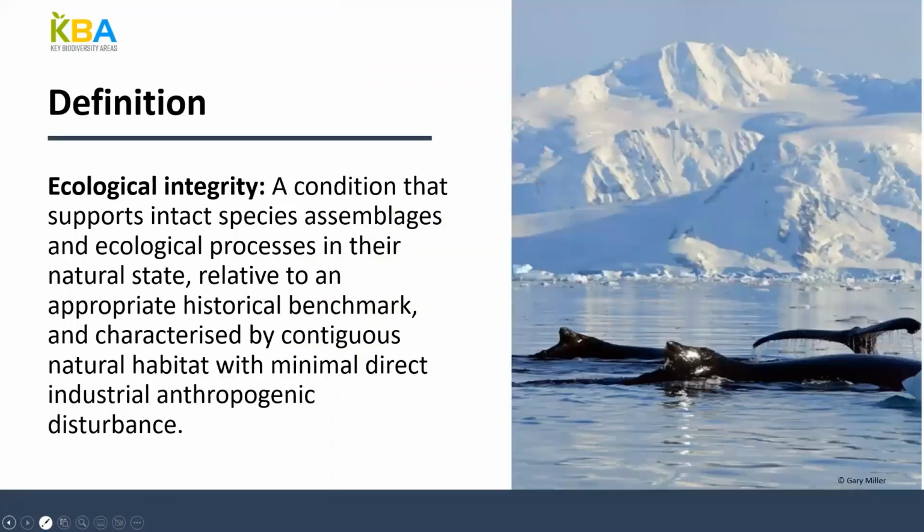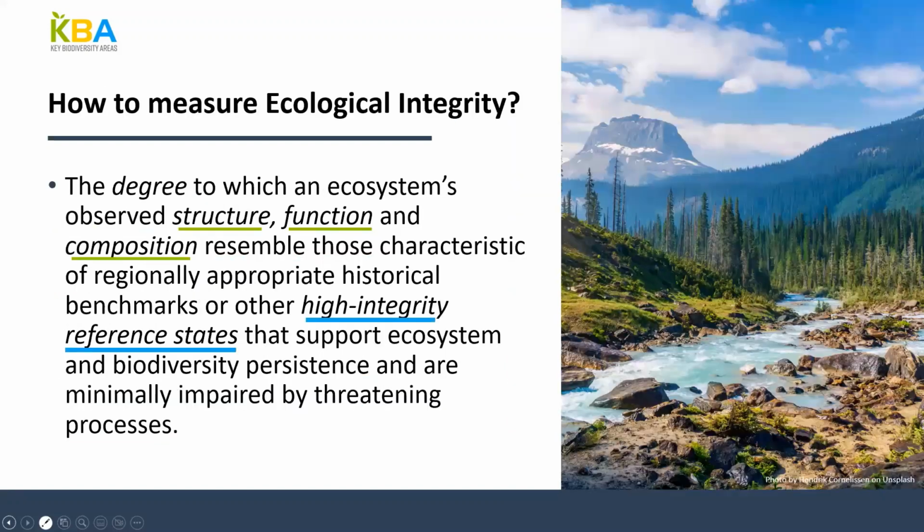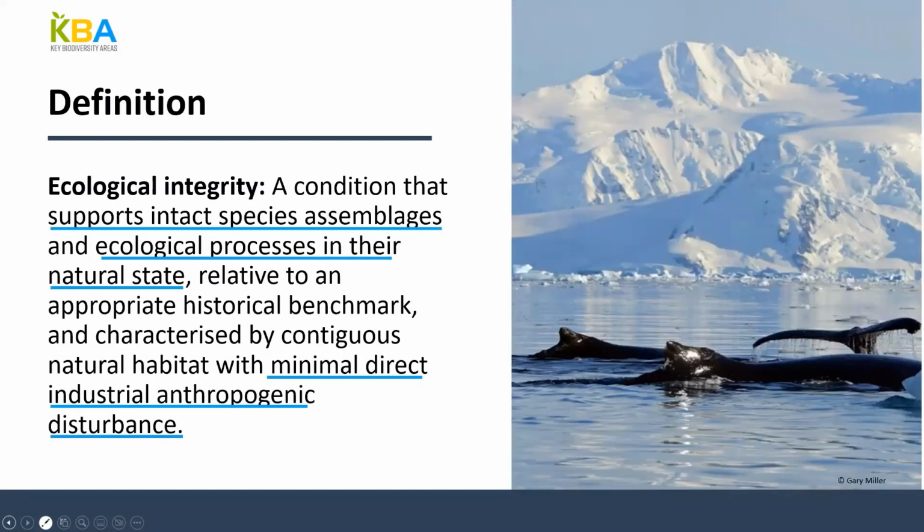So with that criterion and assessment parameter in mind, let's revisit the definition of ecological integrity with a view of how you actually measure it. Well, what exactly does supporting intact species assemblages and ecological processes in their natural state, with minimal direct industrial impact actually mean?